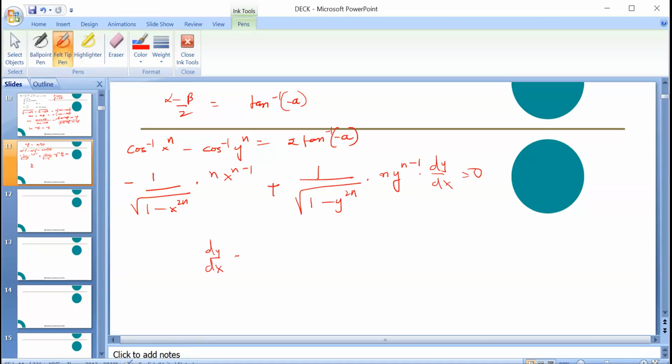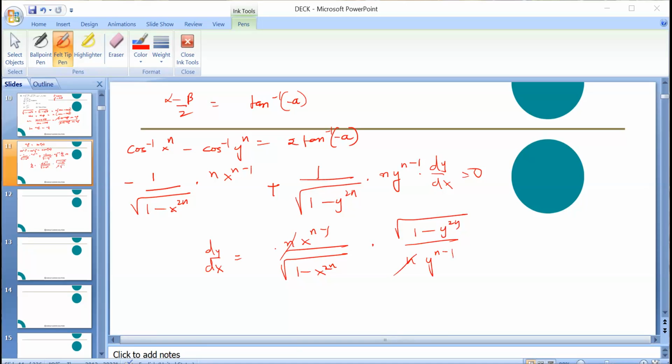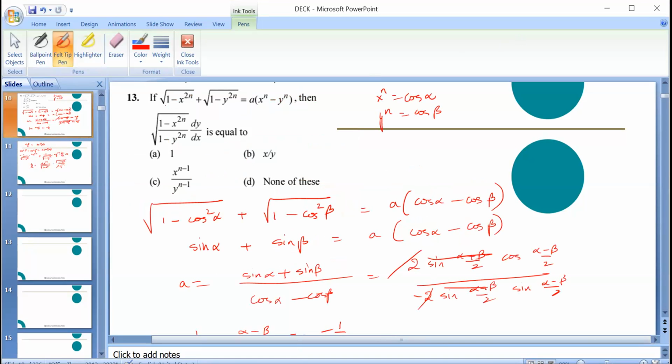So dy by dx will be equal to n x power n minus 1 by square root of 1 minus x power 2n into square root of 1 minus y power 2n by n y power n minus 1. n and n will cancel. As per the question, we already have square root of 1 minus x power 2n and square root of 1 minus y power 2n.